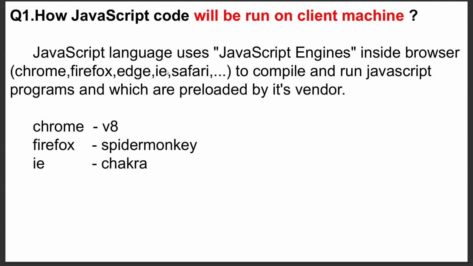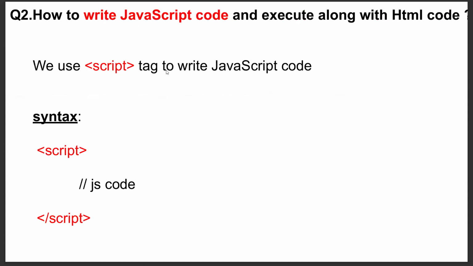The answer is that JavaScript uses a JavaScript engine inside the browsers to compile and run JavaScript programs, which are preloaded by its vendors. Chrome's engine is V8, Firefox's engine is SpiderMonkey, Internet Explorer or Edge's engine is Chakra.